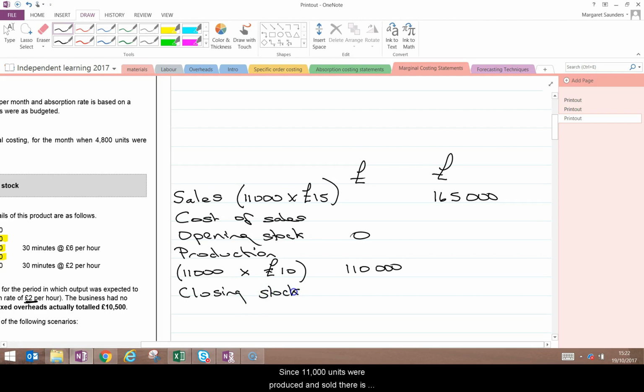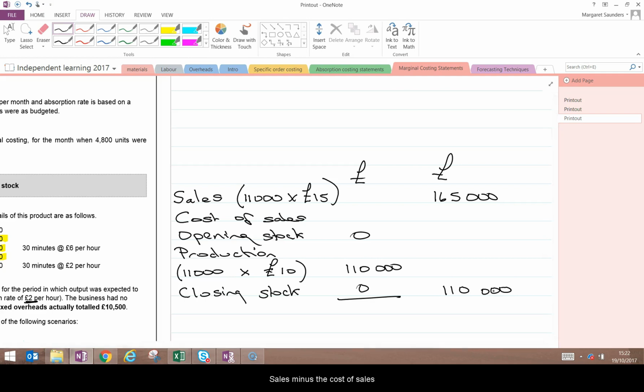Since 11,000 units were produced and sold, there is 0 closing stock. So our cost of sales, opening stock, plus production, minus closing stock, gives us £110,000.